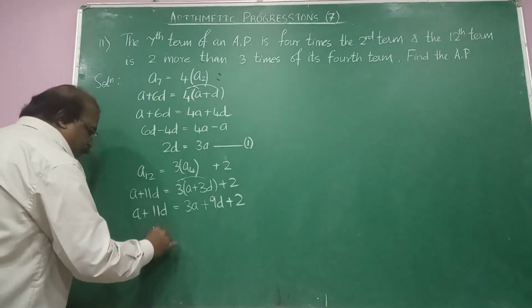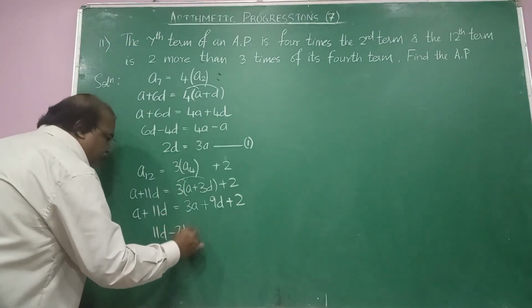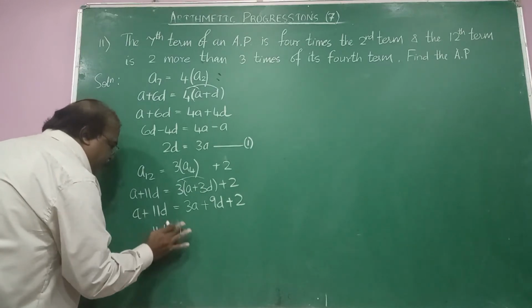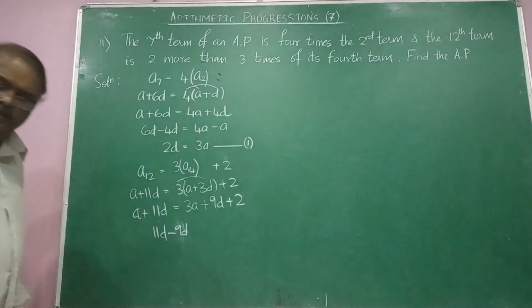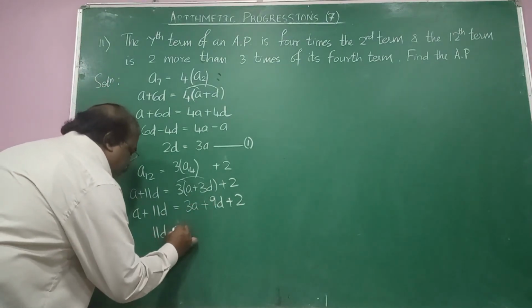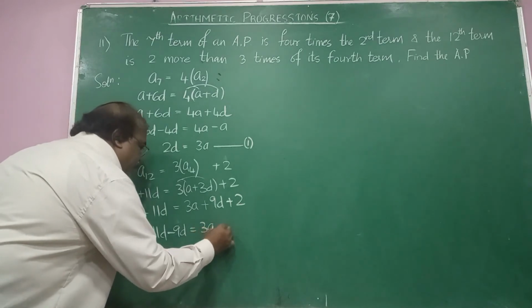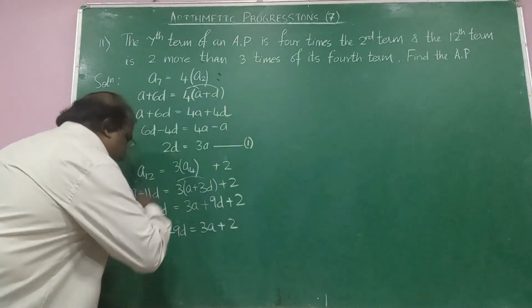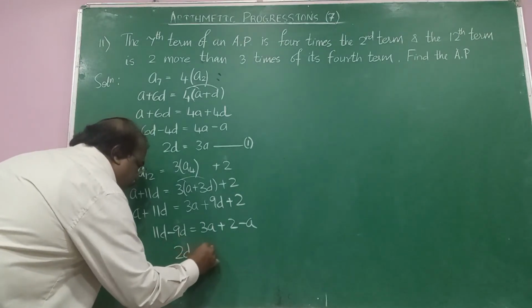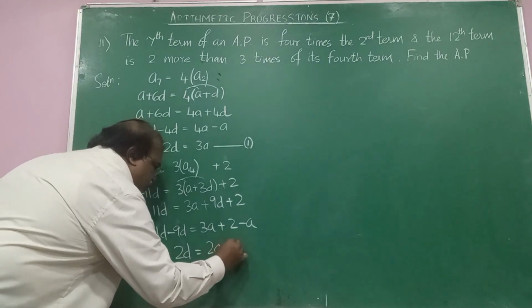So 11D minus 9D, and the 2 coming this side becomes minus 2. A going to the other side becomes minus A. So what is 2D? 3A minus 1A, 2A plus 2.